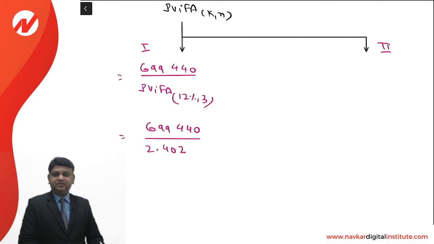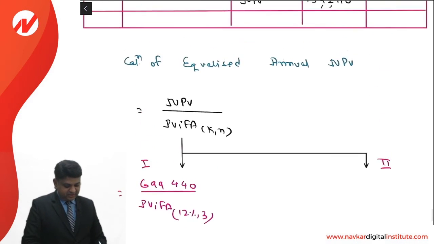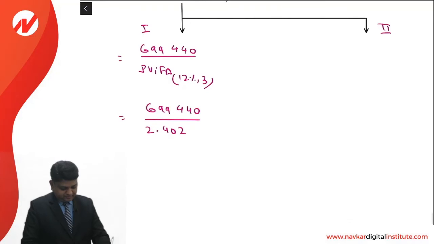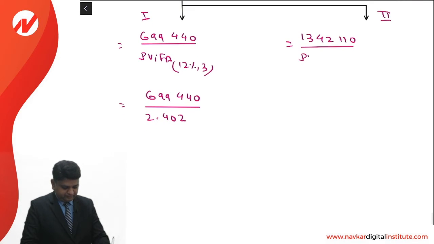In case of the second machinery, similar working is required to be made. This is the NPV, 13,42,110, divided by PVIFA at the rate of 12% for 5 years.